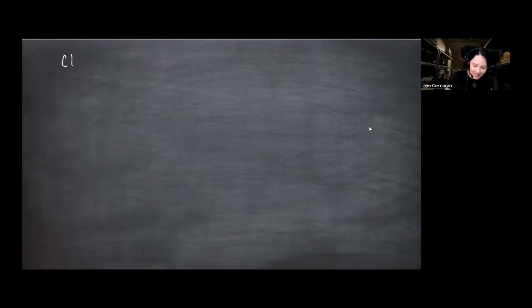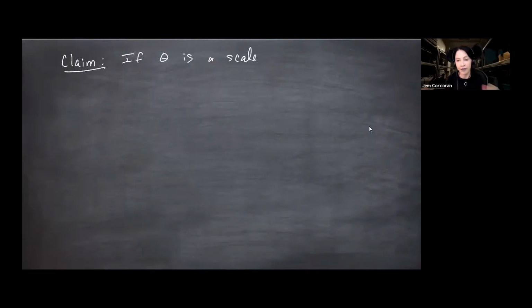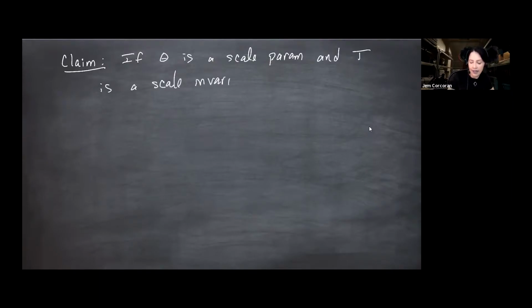Okay, so if theta is a scale parameter, and this also would hold for inverse scale, and T is a scale invariant statistic, then T is ancillary.